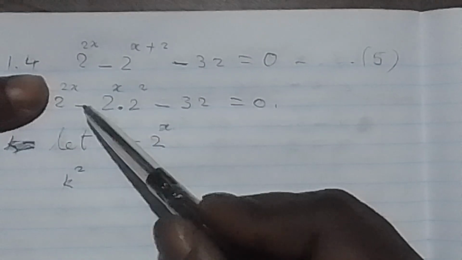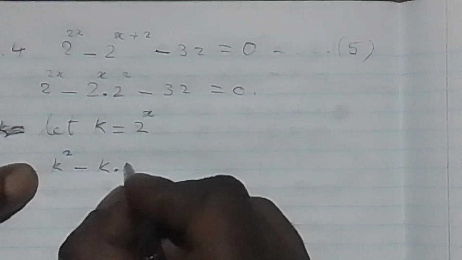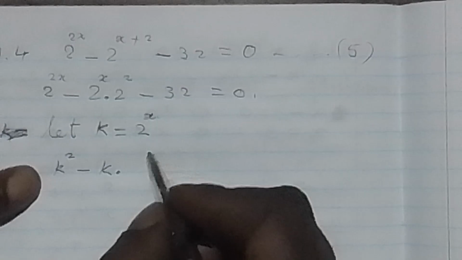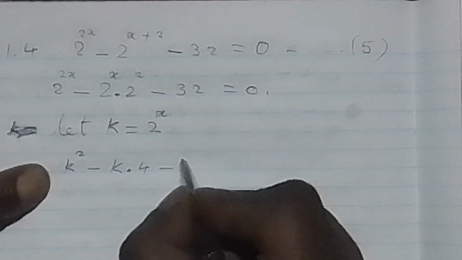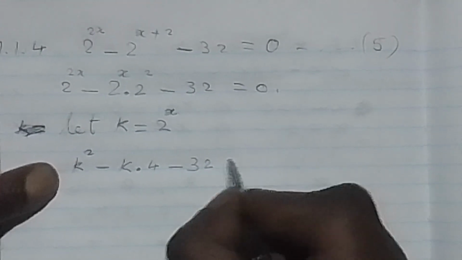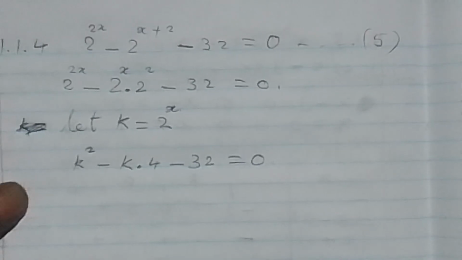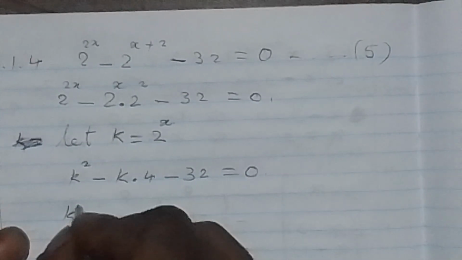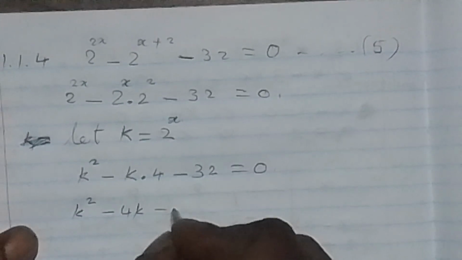So 2 to the power 2x is the same as k squared minus k multiplied by 2 to the power 2, it's 4, minus 32 is equal to 0. Now let's rearrange this in a proper way. It's k squared minus 4k minus 32 is equal to 0.